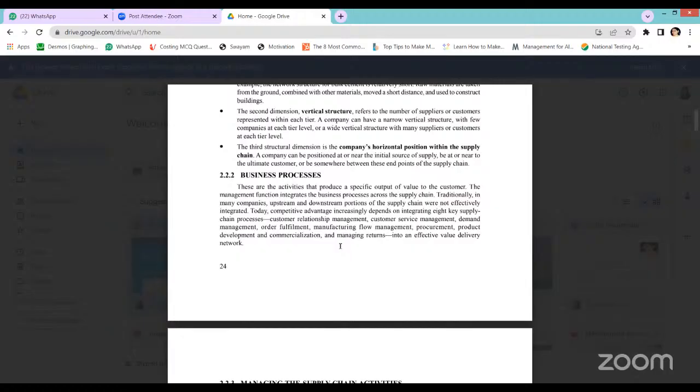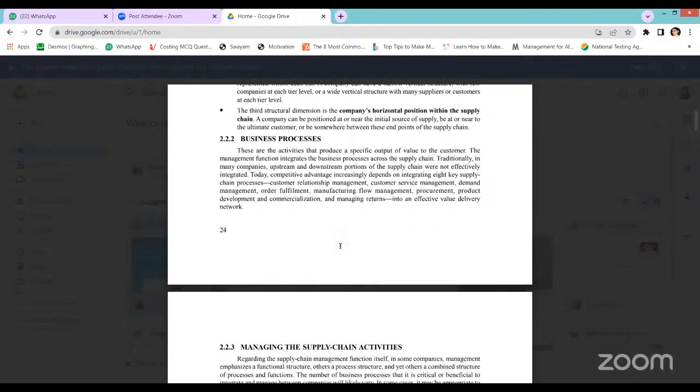All this comes under the business process. How effectively you integrate all these processes with your supply chain process in the competitive market is what generates value to its product, and customer value.